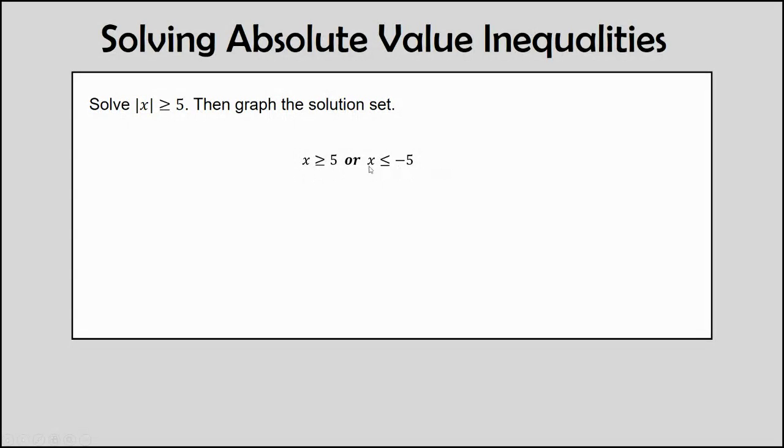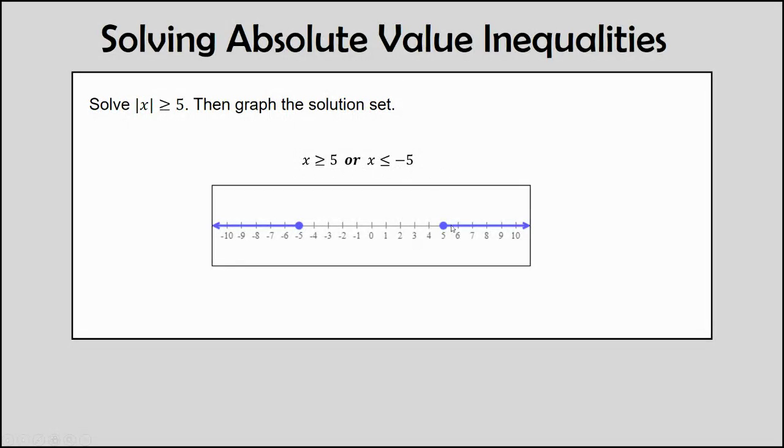Okay. Now, if I graph it, it looks like this. So x is greater than or equal to 5, so it's solid, shade to the right, or x is less than or equal to -5, shade to the left. And what we're saying here is any number in the shaded part of the number line, if I put it in here, is going to make it true. So pick 9.